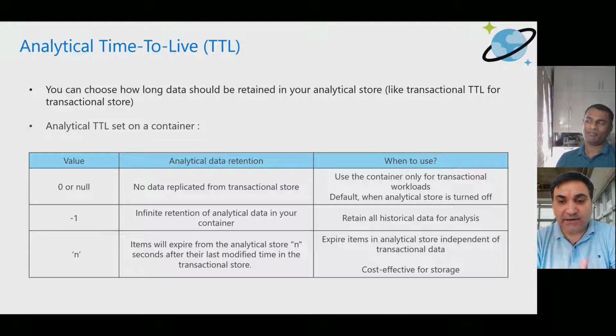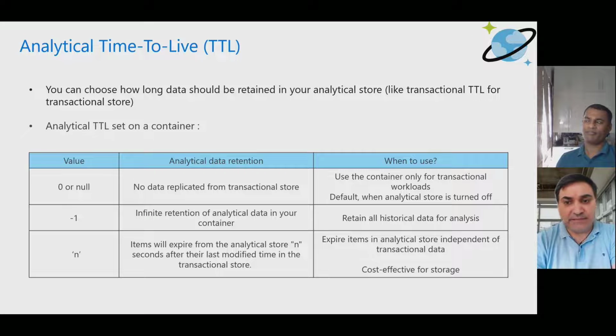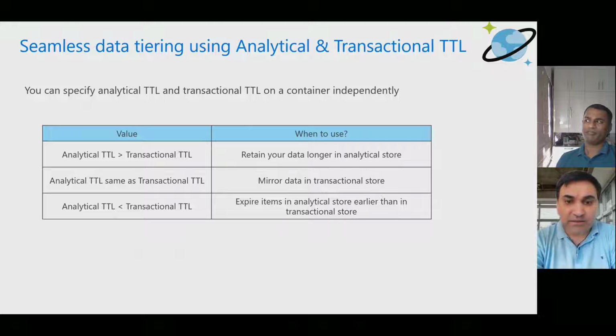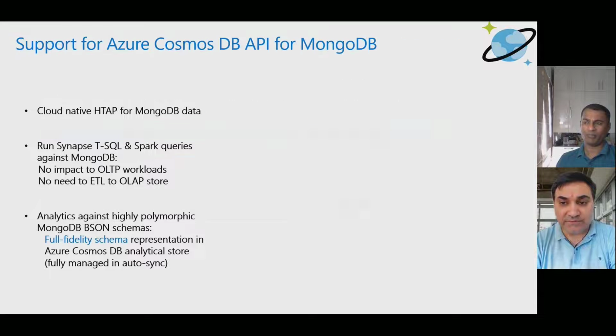So you can have a lower TTL in operational store and maybe a higher TTL or no TTL on analytical store, because the data is available there anyway. Here are multiple use cases I'm just highlighting: retention, mirroring, and you can basically have expiry of the items in analytical store.